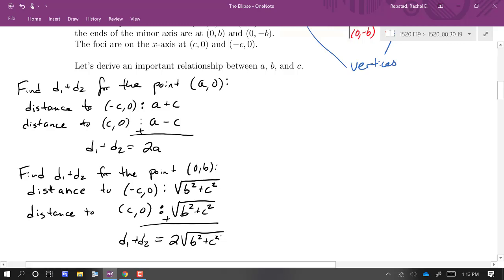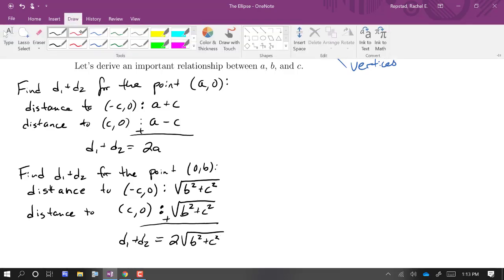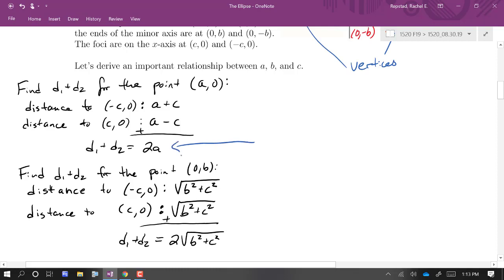So that gives us this equation: 2 times the square root of B squared plus C squared is equal to 2A.